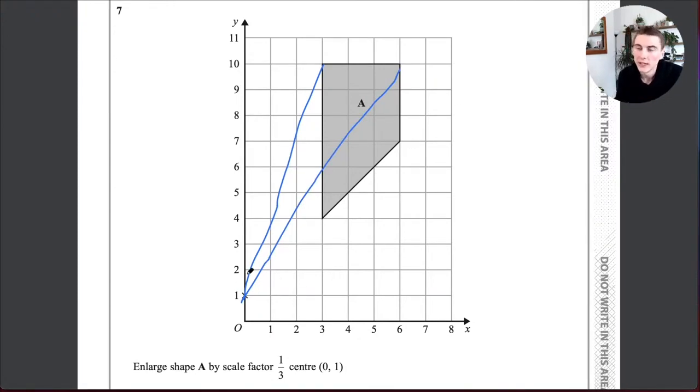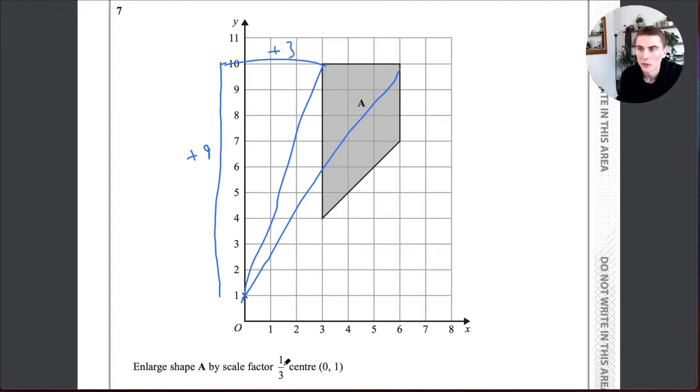And what you want to do is basically take these lines and shorten them by a scale factor of 1/3, so make them 3 times shorter. So imagine that we start off here, and to get to this point up here, I have to go up by 9, and then I have to go across by 3.